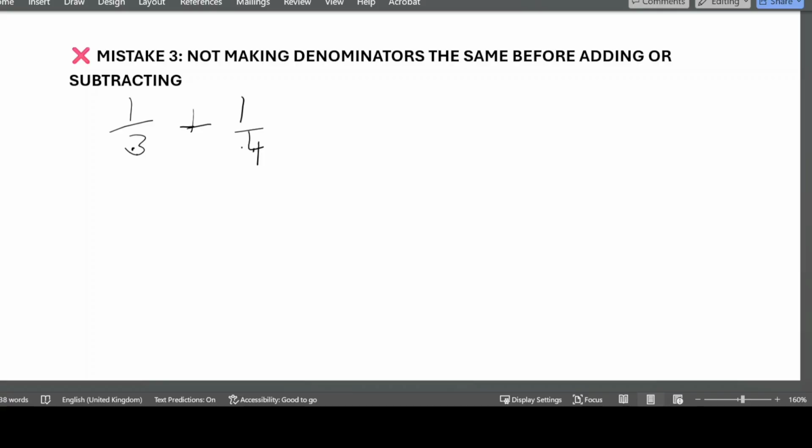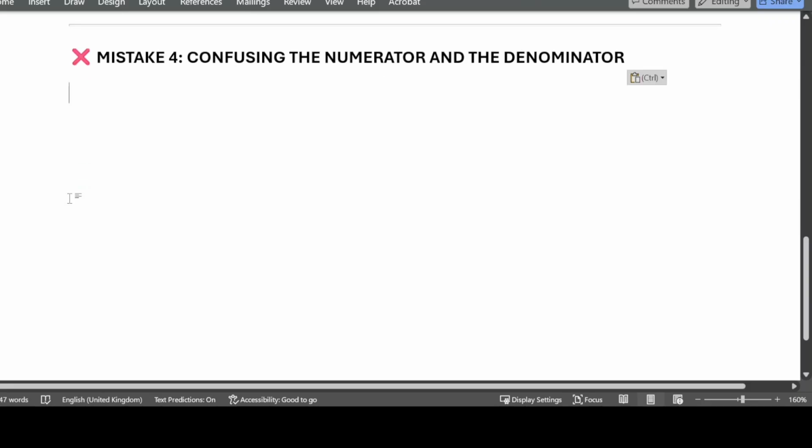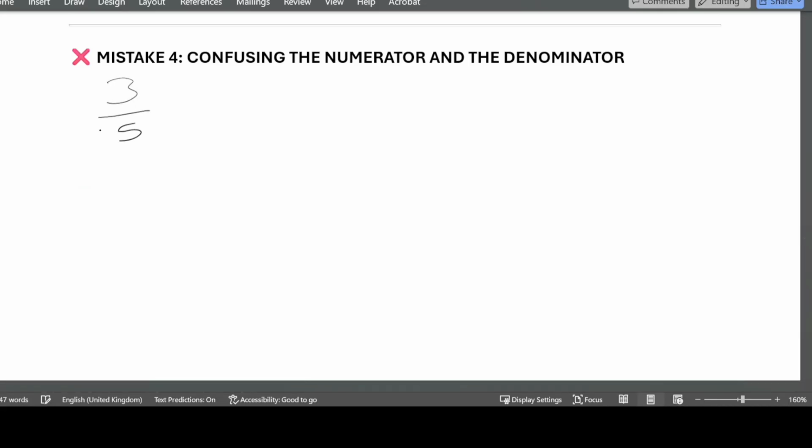Mistake number 4, confusing the numerator and the denominator. So we have 3 over 5. Some learners confuse the top number and the bottom number. The top number is called the numerator. The numerator shows how many parts we have, how many parts we are looking at.